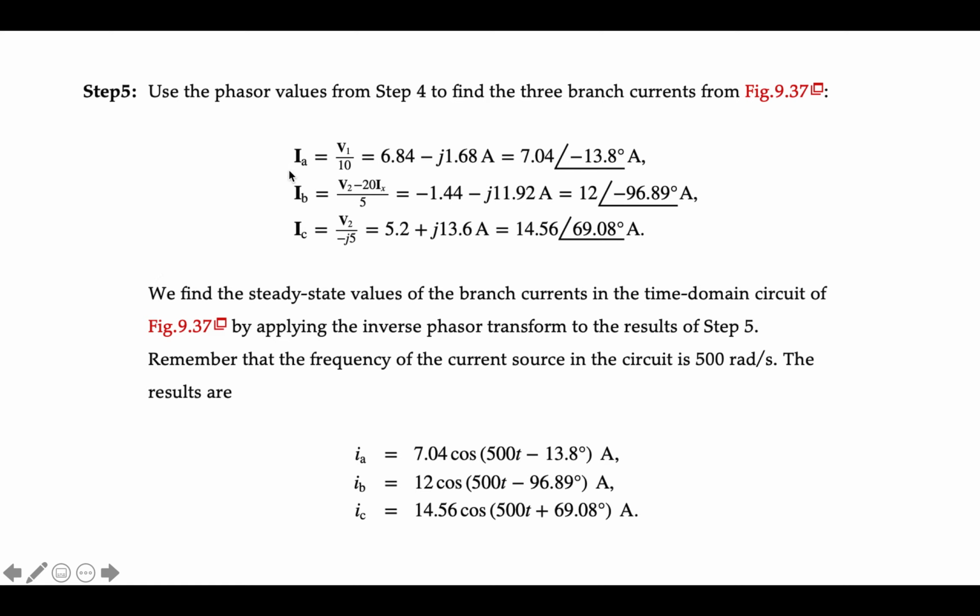So here's what you get when you actually solve for those branch currents IA, IB, and IC. And so the next point of the example is, okay, here's our solution, 7.04 angle minus 13.8. That is in the phasor domain. To convert back to the time domain, we take the magnitude and we take the phase, and we just substitute that back into the time domain. Here's the magnitude, here's the phase, here's omega t.